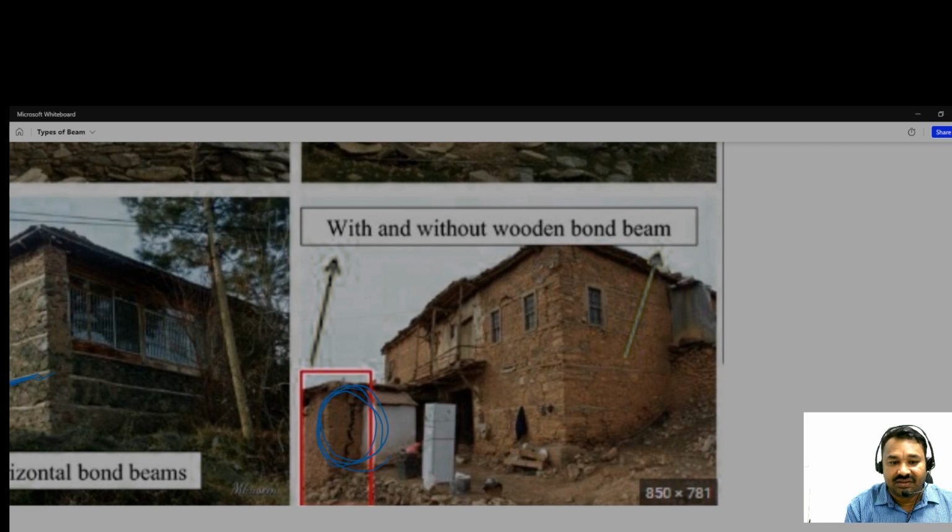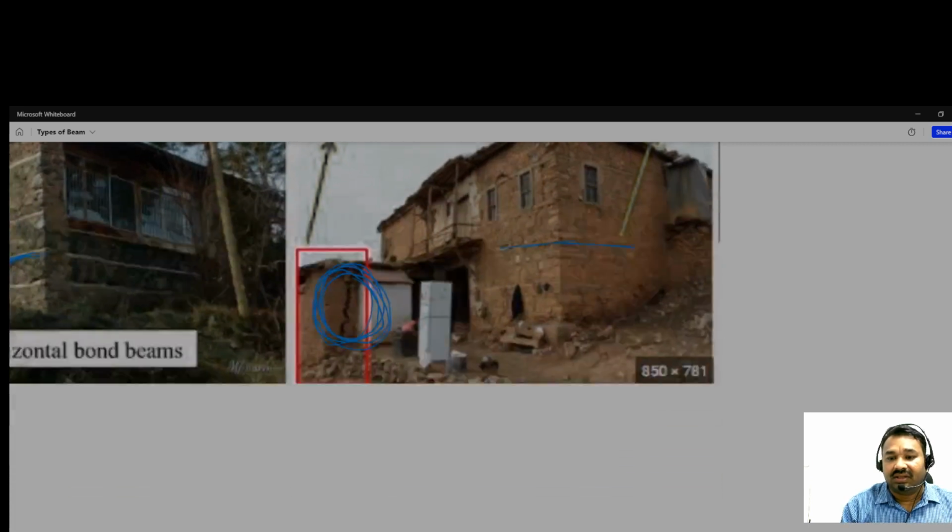The deformation, the cracks are there. The building may collapse easily, but if there is a beam, that beam carries the load, and the building may last longer.